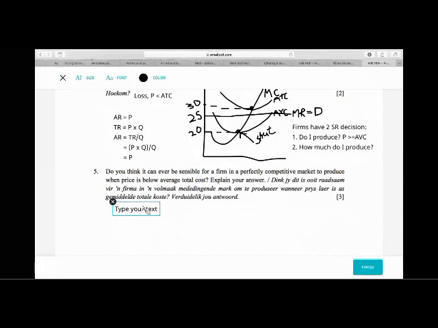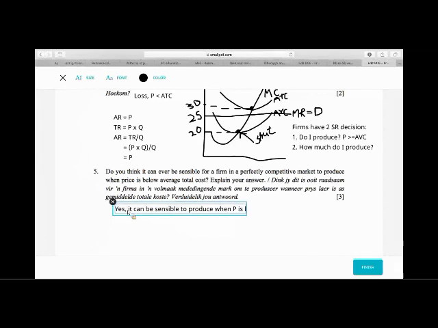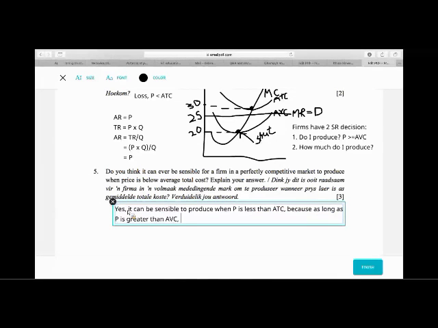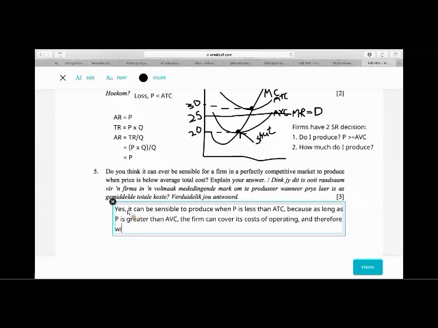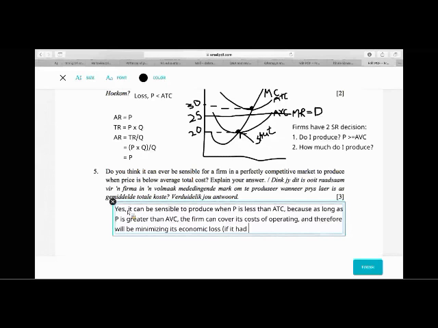So yes, it can be sensible to produce when price is less than ATC, because as long as price is greater than AVC, the firm can cover its costs of operating and therefore will be minimizing its economic loss. If it had shut down, its economic loss would have been greater.